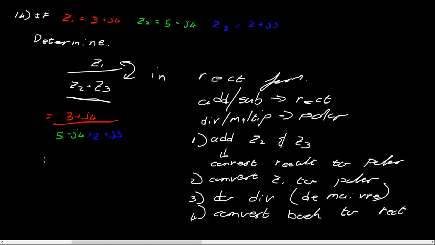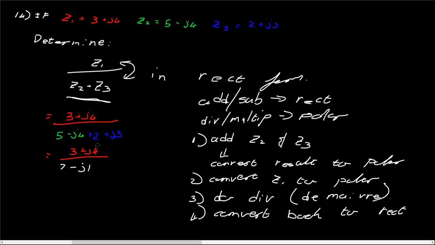So that is equal to 3 plus j4 over 5 plus 2. Remember, when we're doing addition of complex numbers, we add real and imaginary parts. So 5 plus 2 is 7. We add the reals, then we add the imaginaries. Minus j4 plus j3 is minus j1.